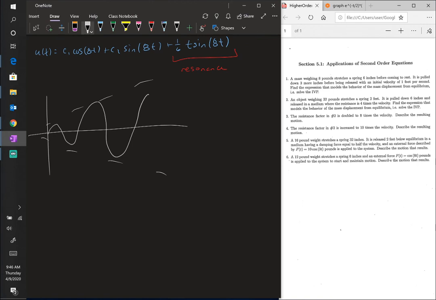It was called the Galloping Gertie. It was a bridge that was built, and the wind, that was basically the forcing function, was in line with the natural frequency of the bridge, and the bridge just started to basically erupt and came crashing down.